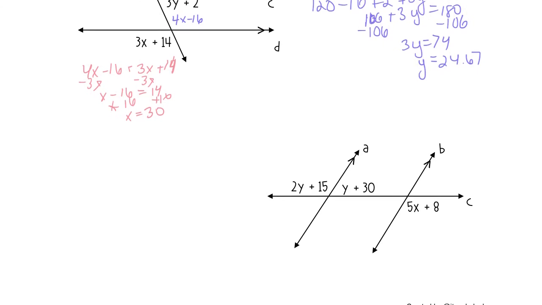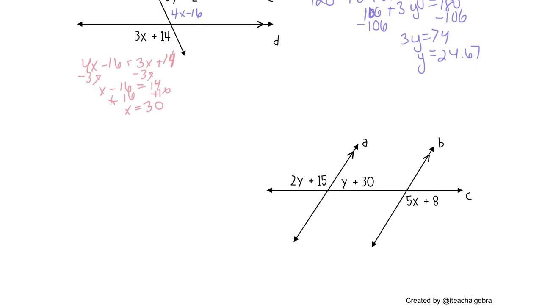Last one. Now we've got 2y plus 15 and y plus 30 that are supplementary. So when we add those together, we'll get 180, and we can solve this. 3y plus 45 is 180.